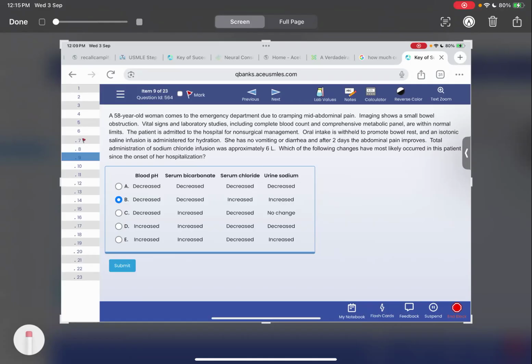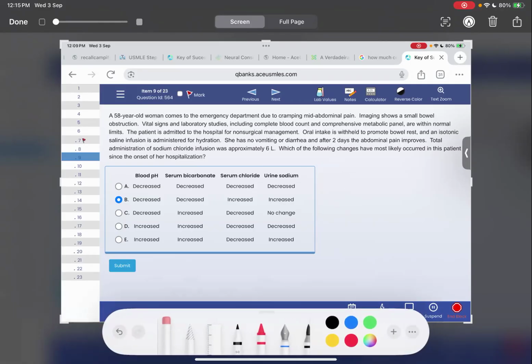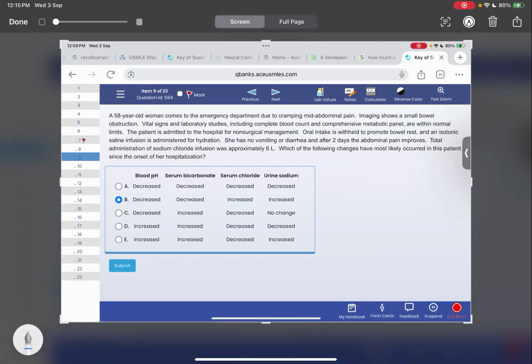I have told you that cations are balanced by anions, and now I am going to a very important concept you will understand. Cations are balanced by anions, okay? What are the important cations in plasma? Sodium, potassium, calcium, magnesium.